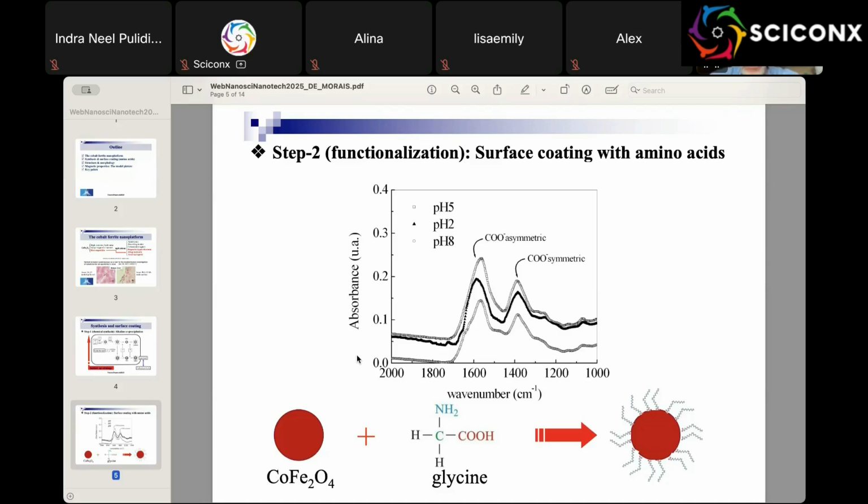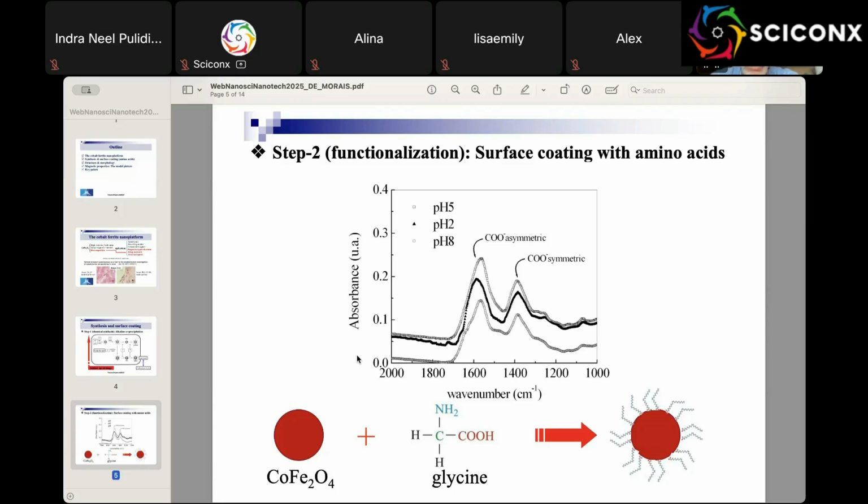However, there is a very important point in this process, which is the regulation of the pH under which you perform the surface coating. So for every surface coating, you better explore what would be the best pH value to achieve the highest surface grafting on top of the nanoparticle.